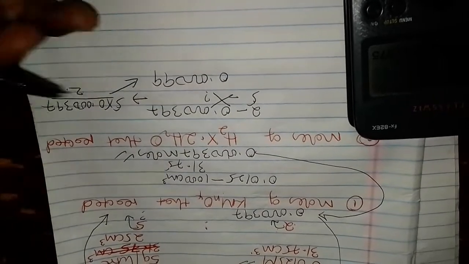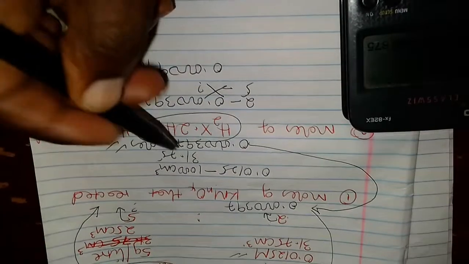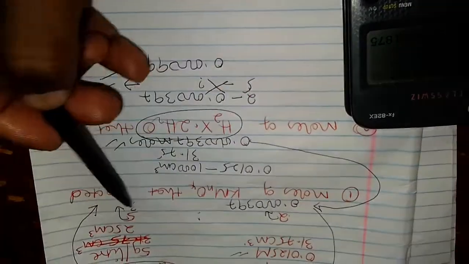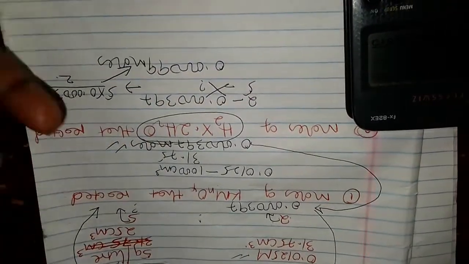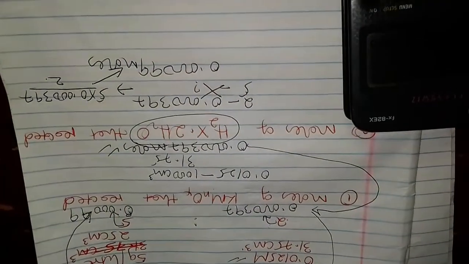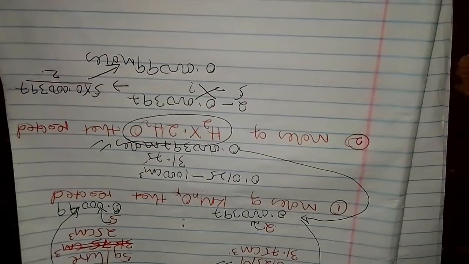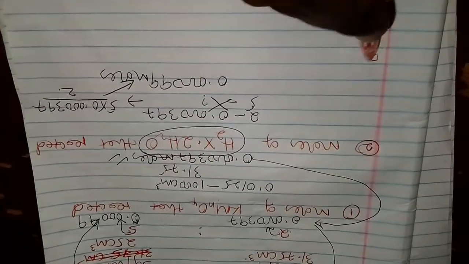So it must give me this. So these are the moles of the acid that reacted. So if 2 represents this, then 5 represents this. So 0.00099 moles. Okay.